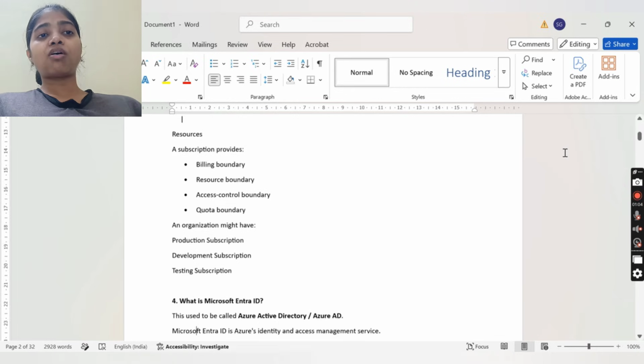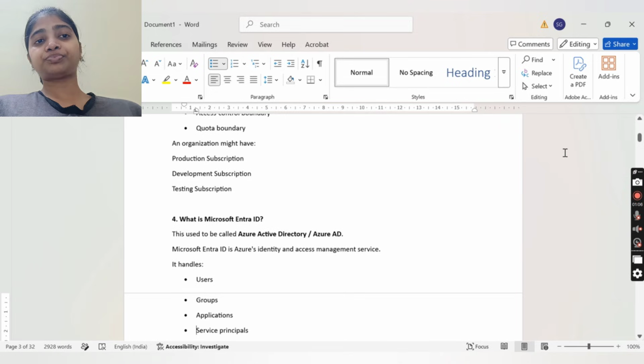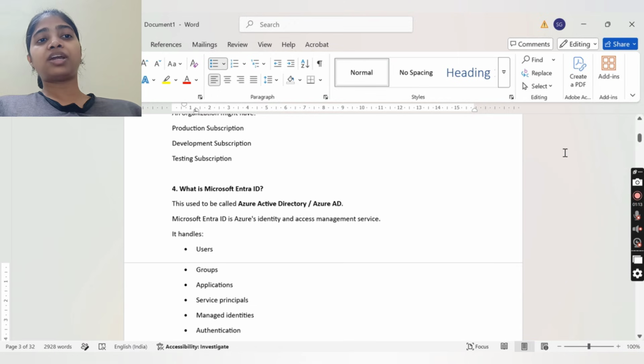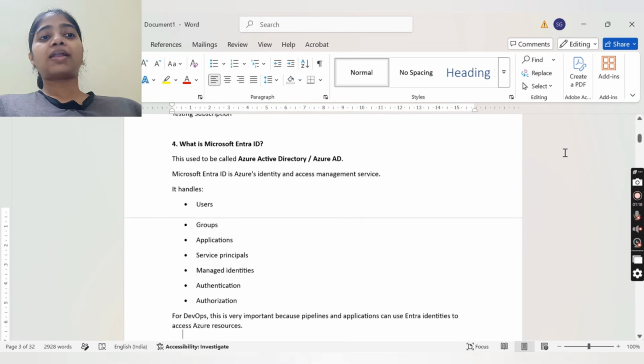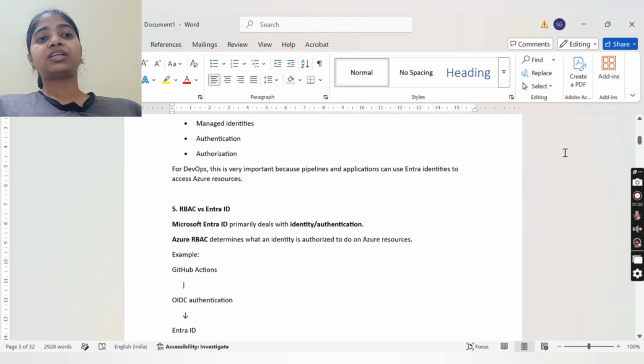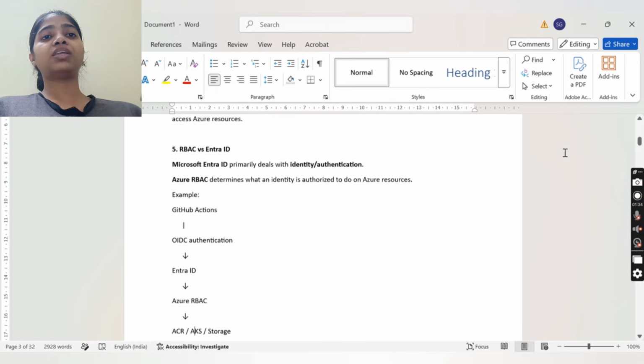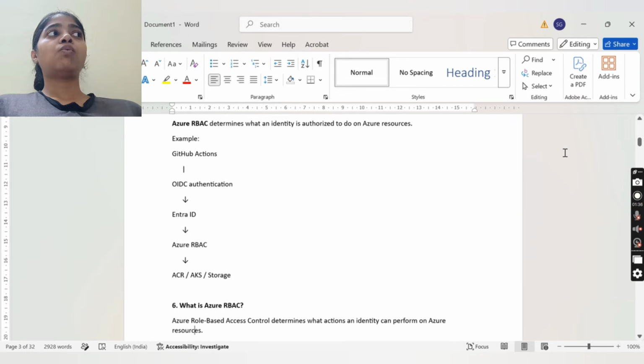What is Microsoft Entra ID? It used to be called Azure Active Directory, Azure AD, and Entra ID is the Azure Identity and Access Management service. Then RBAC versus Entra ID: Entra ID basically deals with identity and authentication, but Azure RBAC is about what we are authorized to do, what we can do, either create it or what access we have.